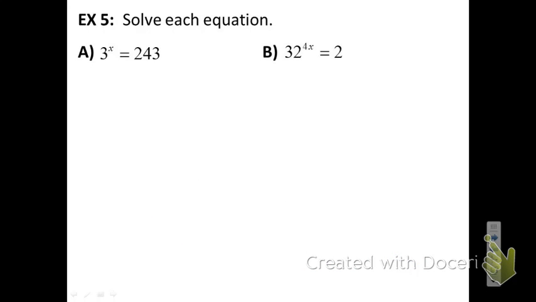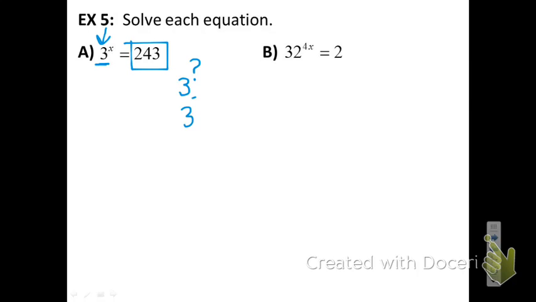Okay, your last example, I want you to solve each equation. So to be able to solve this, we solved these in one of our previous units. So to solve this, as a reminder, you want to get the bases to be the same, and you want to change the bigger number to become the smaller number. So you want to think 3 to what power will give me 243?